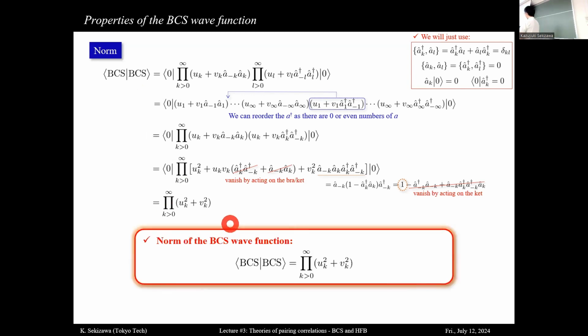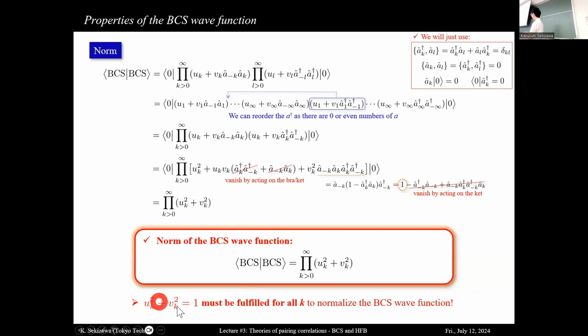Okay, and if we impose the normalization of the BCS wave function, if we assume that this norm is 1, then UK square plus VK square must be 1.